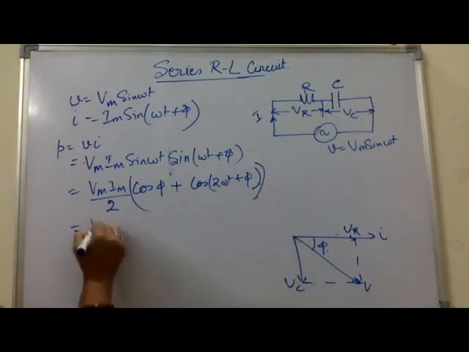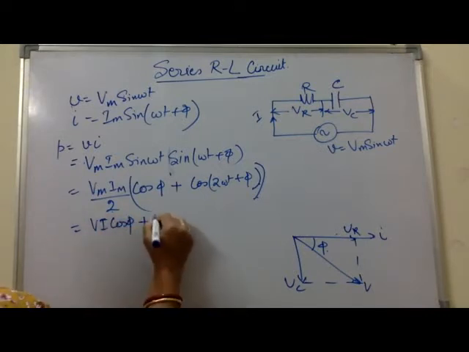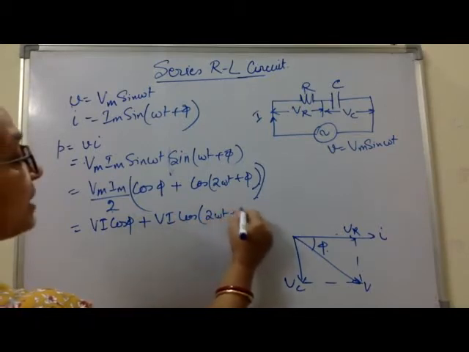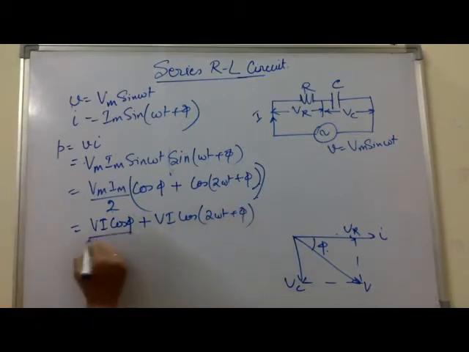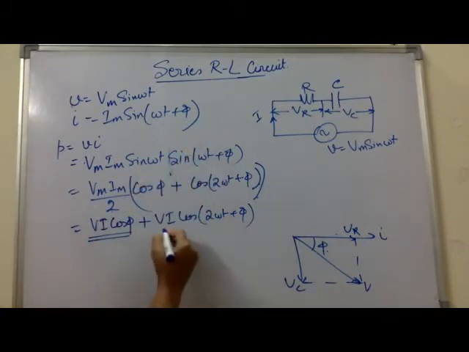This can be divided into Vm by root 2 and Im by root 2, that is the RMS values. So we have VI cos phi plus VI cos (2 omega t plus phi). Again, there is an active power being consumed in the resistance of the series RC circuit, and the other reactive power is oscillating at double the frequency.